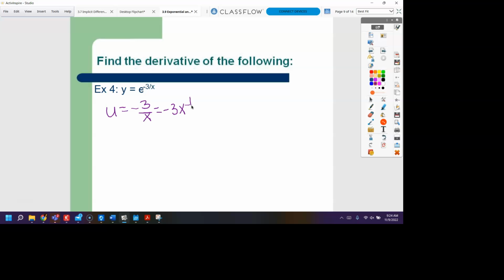So its derivative is negative 3 times negative 1 times x to the negative 2. So it's just a little messy if you're doing that in the midst of the problem. So if you treat it like e to the u times u prime, that allows you an opportunity to kind of clean this up off to the side.